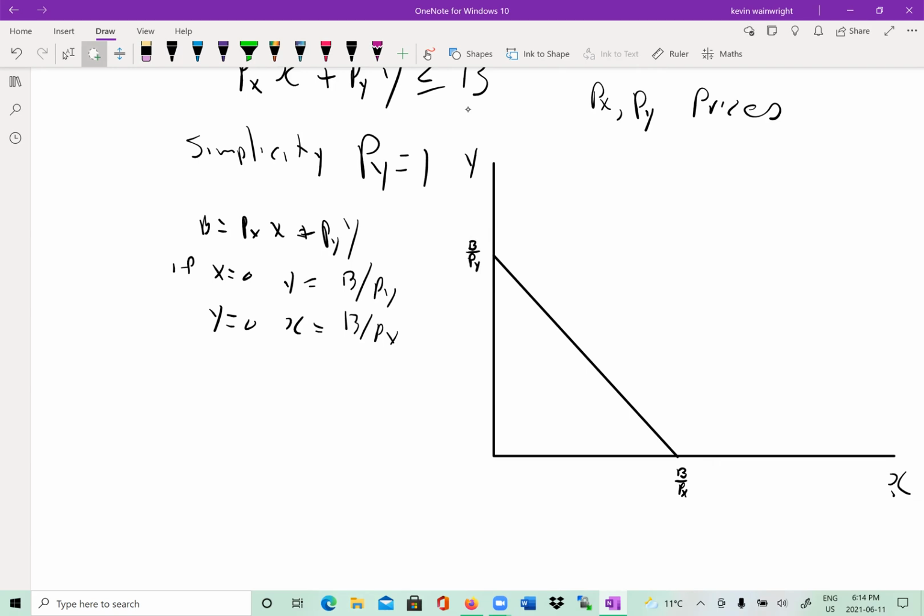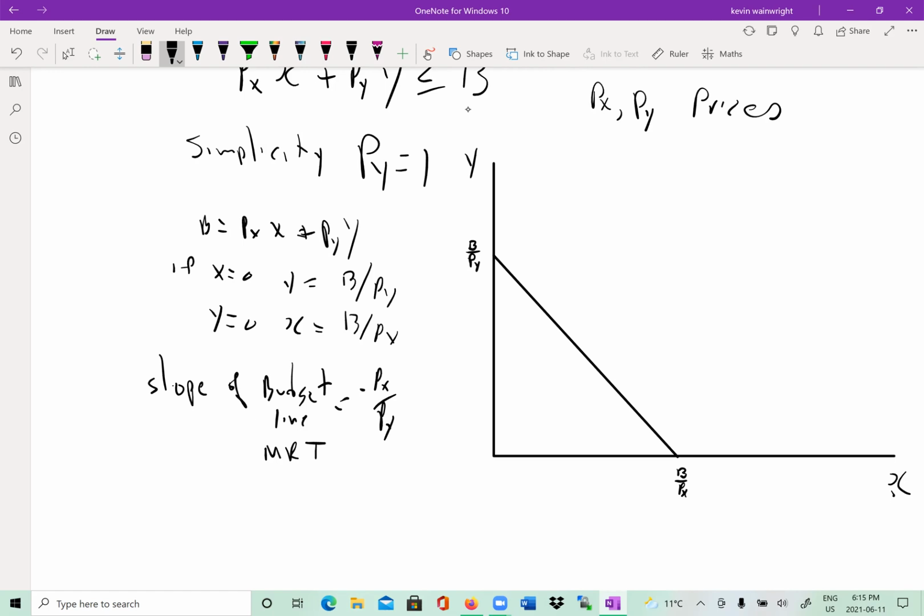And the slope of the budget line equals negative PX over PY. And this is what's known as the marginal rate of transformation.